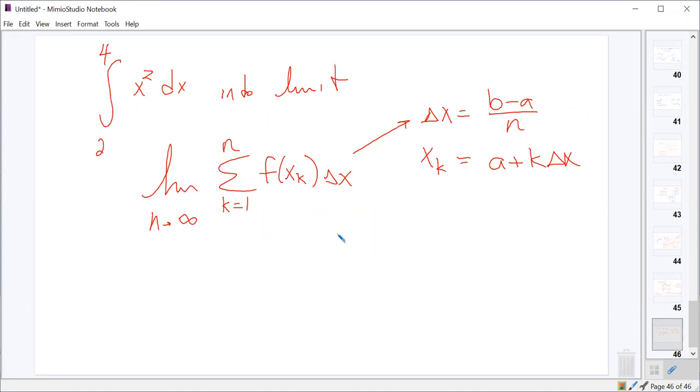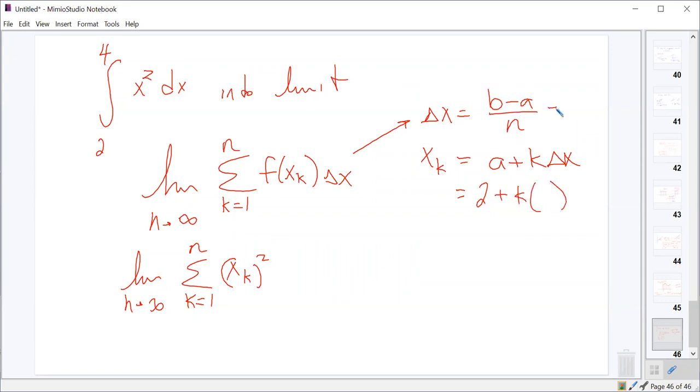So if you need to convert the integral from 2 to 4 of x squared dx into a limit, your function is x squared. So we'll write limit as n approaches infinity of the sum from k equals 1 to n of x sub k squared. And so x sub k, we'll figure out what that is in a second. That should be 2 plus k times delta x. We got to figure out delta x.